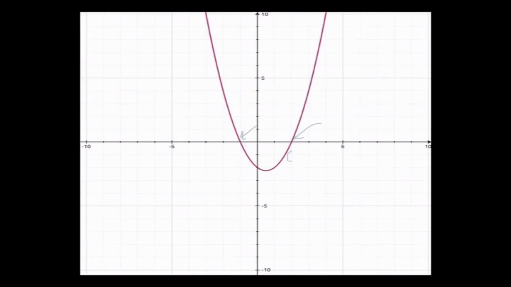This is at (2, 0), and this is at (negative 1, 0). Those were the two values that we found when we solved this. So there's definitely a connection between our answers and where it crosses the x-axis. We call these zeros because our y value is set equal to 0.